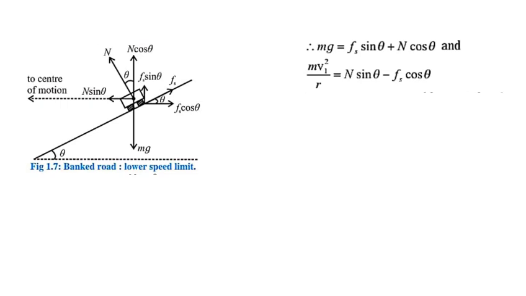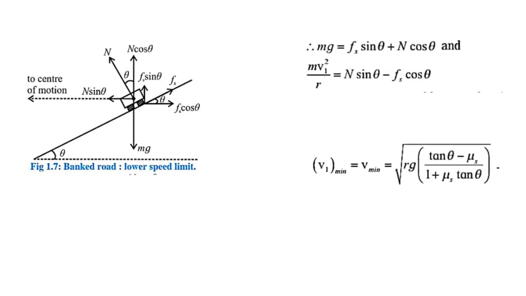Because these two forces are exactly opposite. Then the rest of the process is the same. Taking the ratio, we get the lower speed limit v1 equal to square root of rg times tan theta minus mu s upon 1 plus mu s tan theta, where mu s is the coefficient of static friction. This is the lower speed limit.